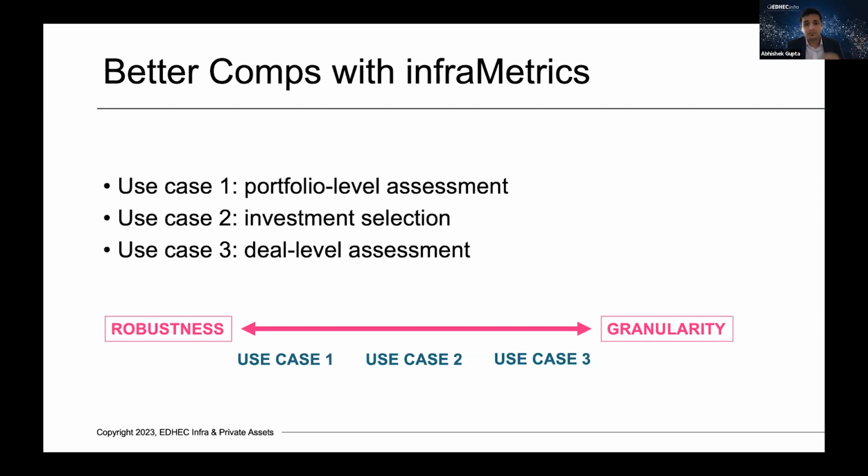The second use case is a bit more granular, that you can start to think about just those 2 deals and what's relevant for them, what type of risk factors are relevant, how to compare those 2 deals, etc. And the third one, when you are interested in the individual deal, this is where you want the most granularity, and that's also one of the difficult things to do. So we'll go through each of these use cases now.